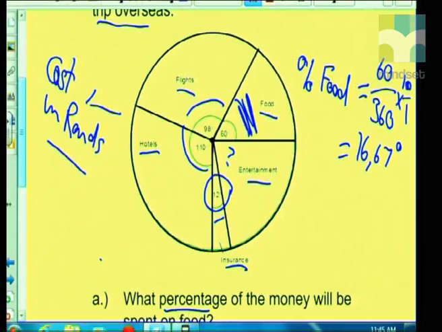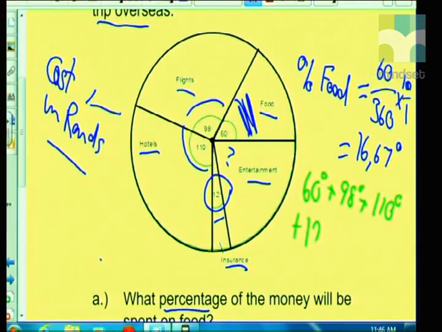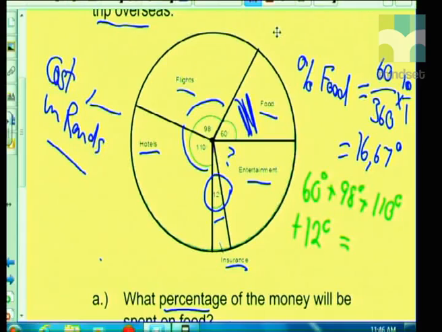The first thing we've got to do is calculate what angle that segment is. We've got all the other angles, so we're going to add those up: 60 degrees plus 98 degrees plus 110 degrees plus 12 degrees. And then remember that the total comes to 360.